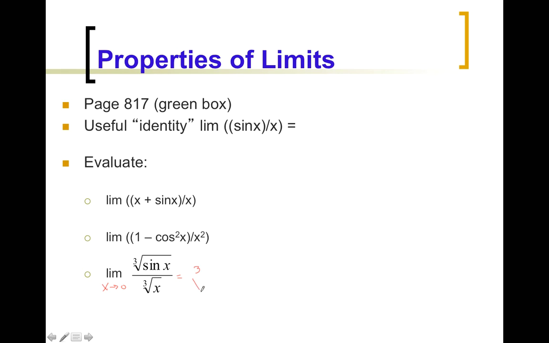So I can say this is the cube root of the limit as x approaches 0 of sine x over x, and we know that that limit is equal to 1, so we just get the cube root of 1, which is 1, and done. So in these cases, you need to manipulate the expression into somewhere along the lines of getting sine x over x and being able to split it up using the properties in the green box.